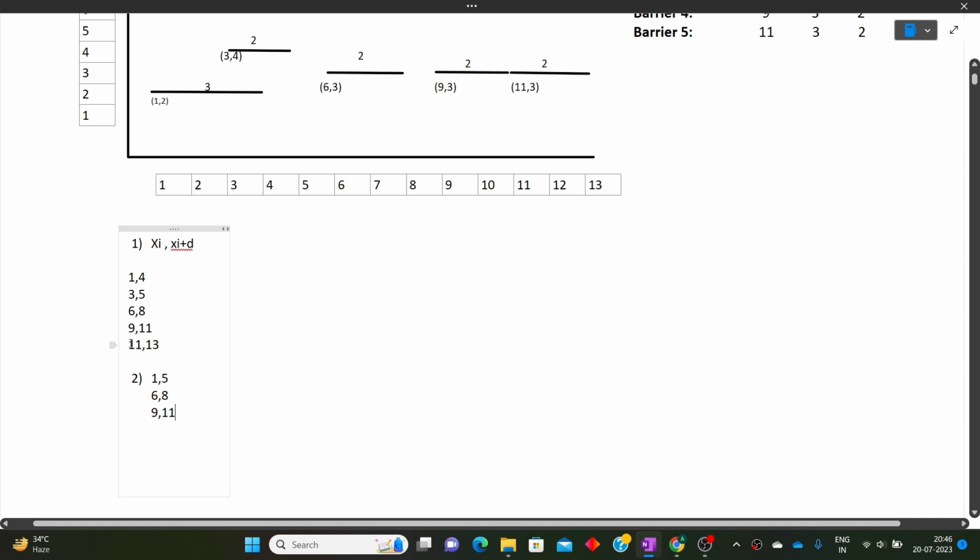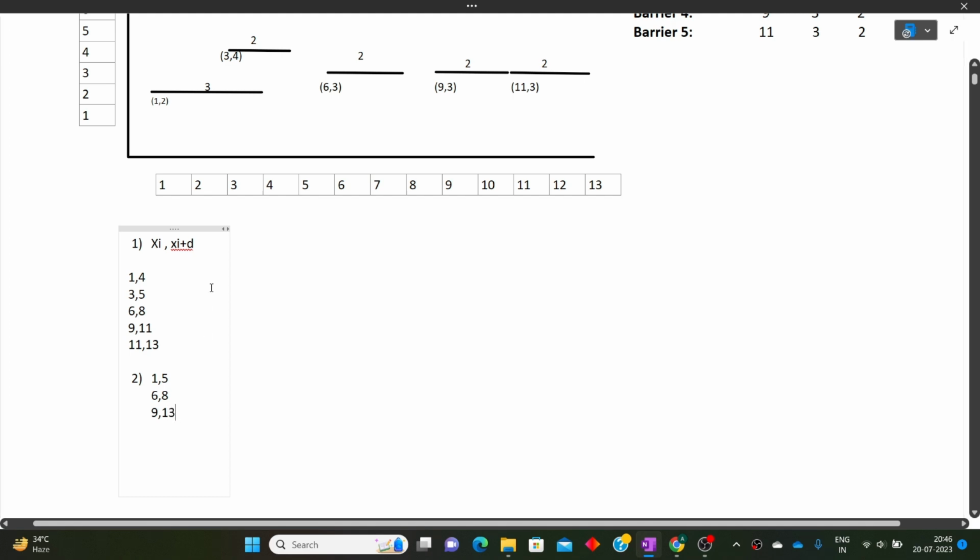Again we check whether the starting point of this barrier is less than or equal to the ending point of the previous barrier. In this case the answer is yes. So these two are overlapping barriers and we have to merge them. The starting point will be the starting point of the first barrier, that is 9, and the ending point of the merged barrier will be 13, so 9 comma 13.